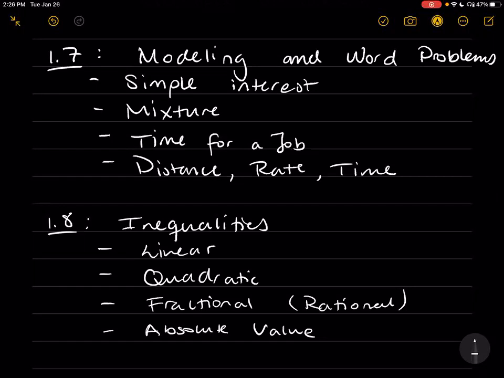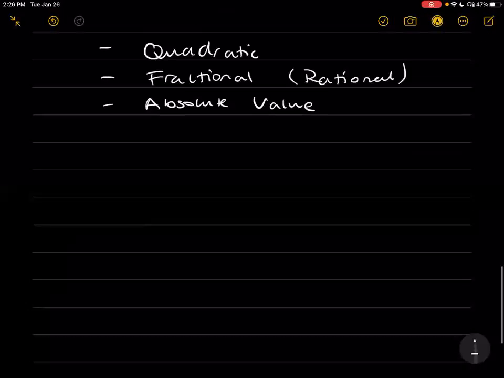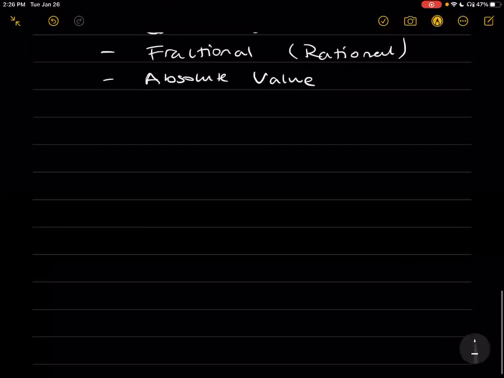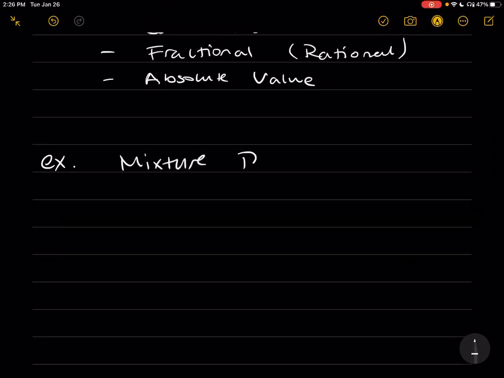Okay, so let's go ahead and jump into our practice problem examples. So let's first do a mixture problem. And the problem we're going to do is homework 3, number 4.